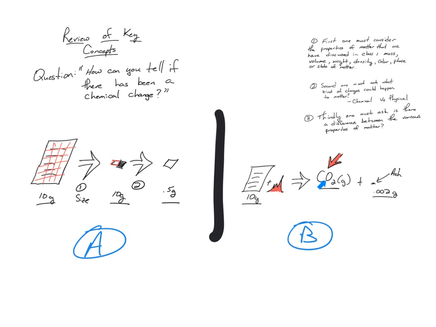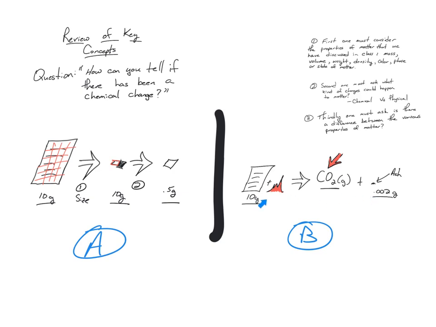For one thing, if you had a letter, there'd be no way to take that carbon dioxide and ash and go back and make it a letter again. Whereas here, these little bits of paper could be taped back together into one sheet of paper. So that's one way to look at it. That's one clue that this is fundamentally different, right?